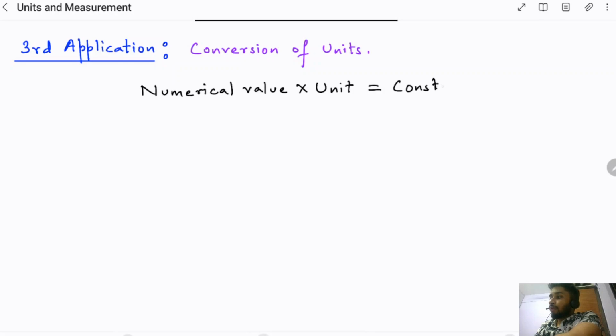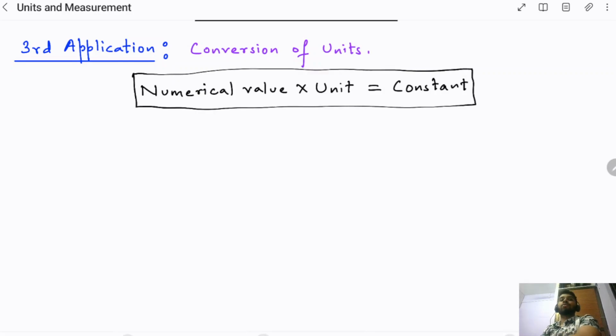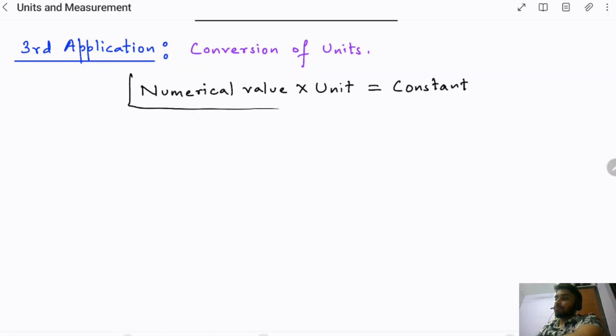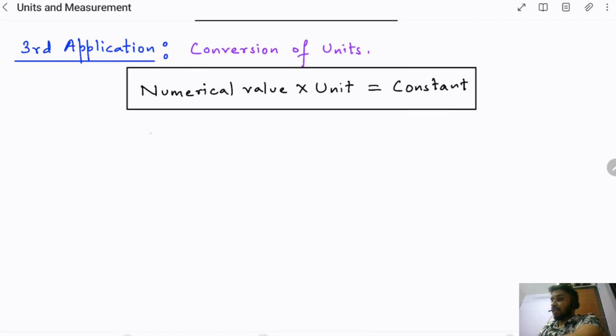The product of numerical value and unit remains constant throughout the system, meaning even if you are going from one unit to the other, the product of the value, the magnitude of the physical quantity, and the unit remains the same. So in short, this can be written as n into u is constant.